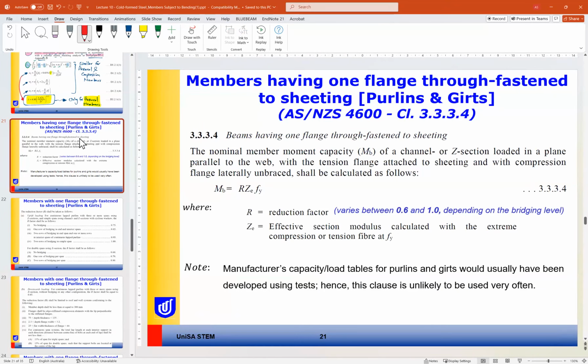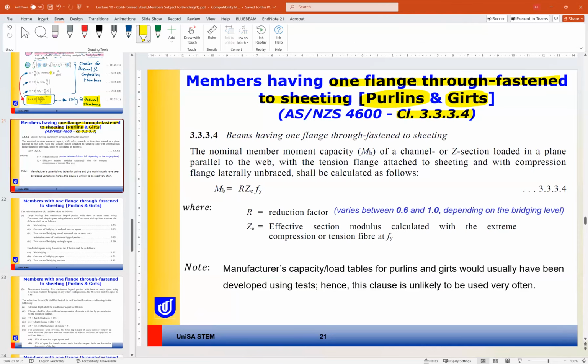So the third condition for the member capacity is members with one flange fastened through to the sheeting, which means especially purlins and girts. This is covered by clause 3.3.3.4.